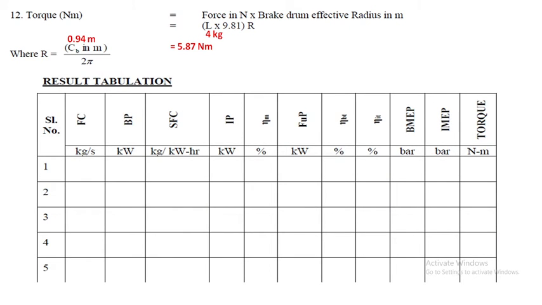After calculating all these performance parameters, you can tabulate them in the result tabulation. If you check most of the cases, what about fuel consumption? If the load keeps on increasing, our fuel consumption will also increase. If the fuel consumption is increasing, brake power will also increase.